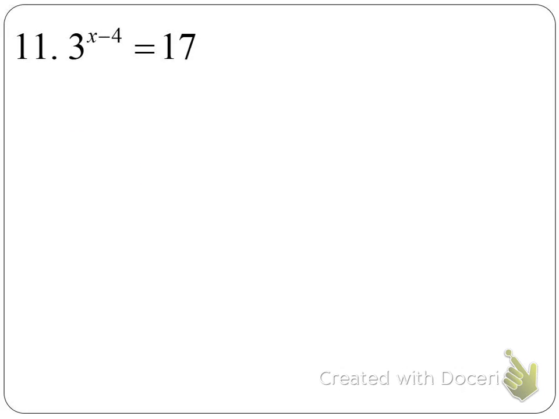Okay, number 11. Same deal. We cannot rewrite 17 as base 3 to a power to make the bases the same and drop them. So we got to rewrite log base 3 of 17 is equal to x minus 4. We've seen these before. Evaluate the logarithm.